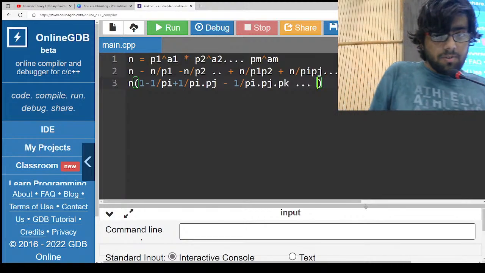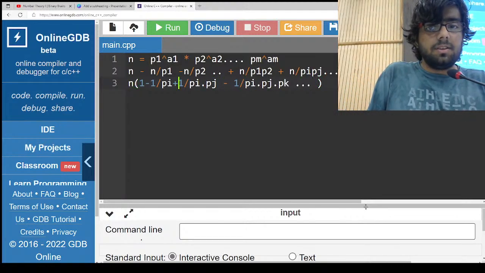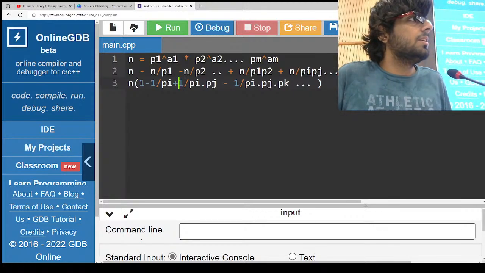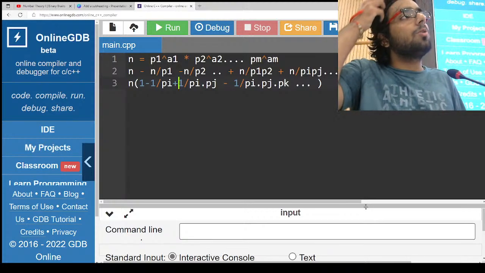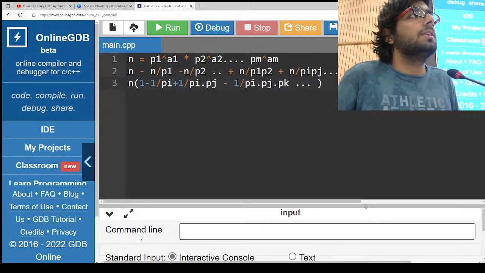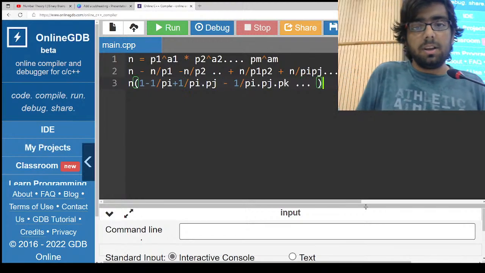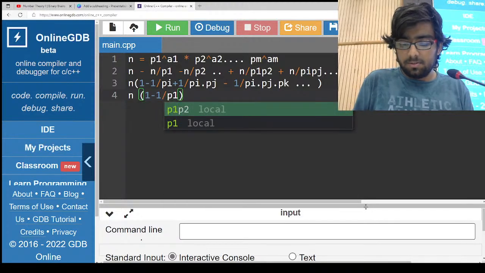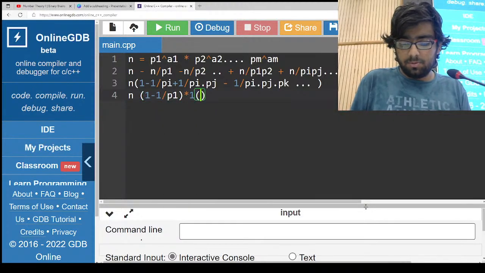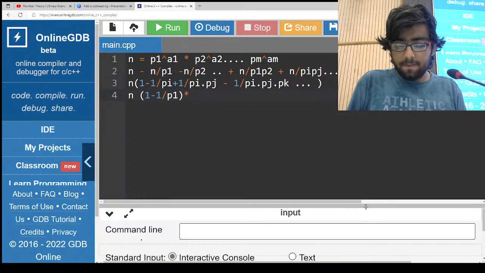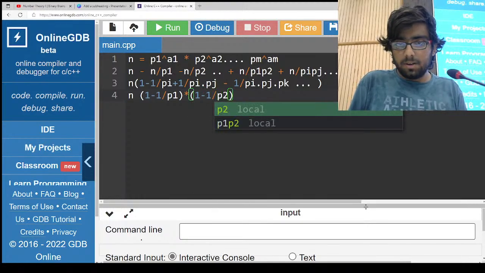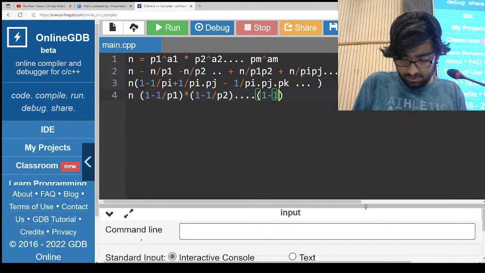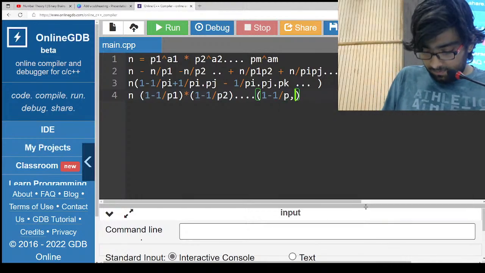until the end. Now we can see that these are basically the coefficients that come in the roots of a polynomial, taking one at a time, taking two at a time. The coefficients of any polynomial's roots represent these things. So through that help we can write this as n into 1 minus 1 by p1, into 1 minus 1 by p2, until 1 minus 1 by pm.